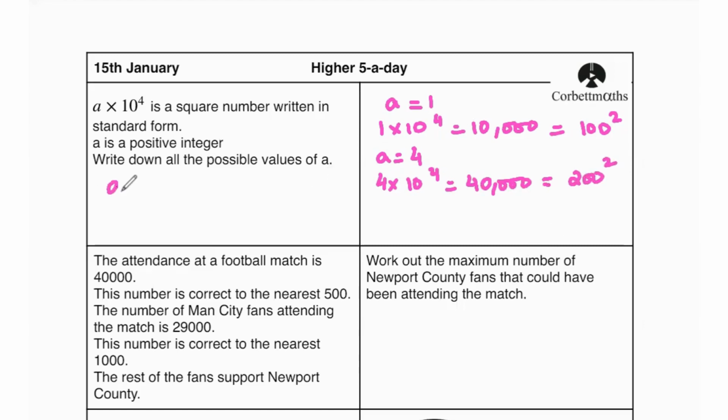And lastly, a can equal 9 because 9 times 10 to the power of 4 is 90,000, which is basically 300 squared. So the possible values of a are 1, 4, and 9.